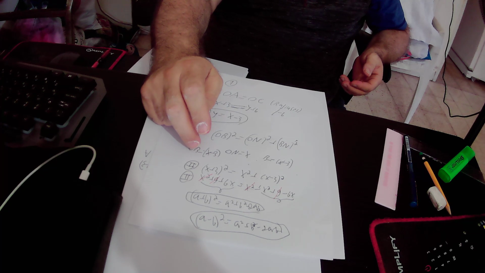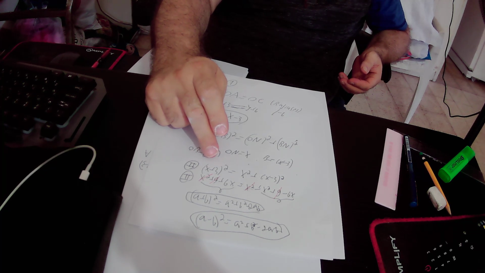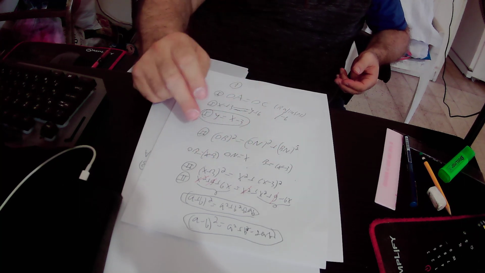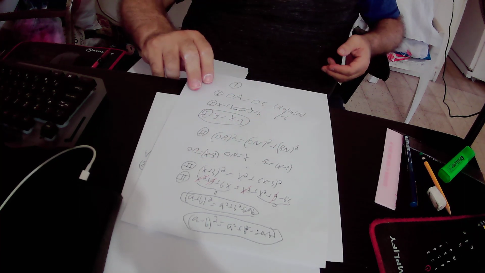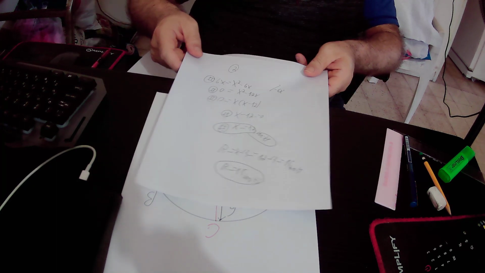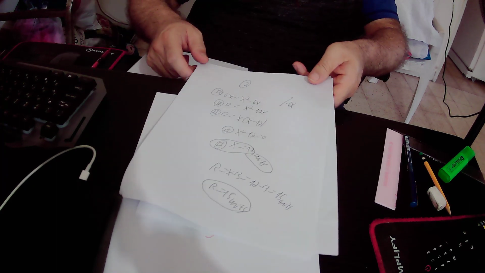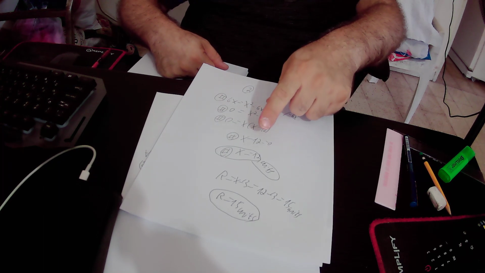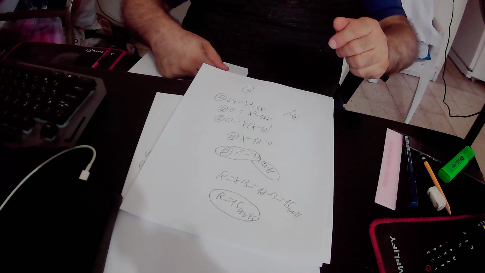We got in the second equation that x plus 3 squared equals x squared plus x minus 3 squared. We solved this second equation and we got the final result that x equals 12.